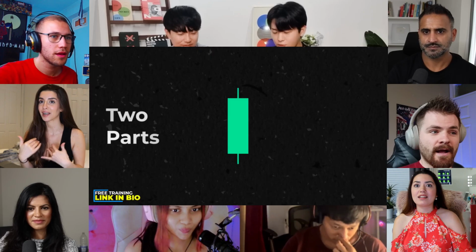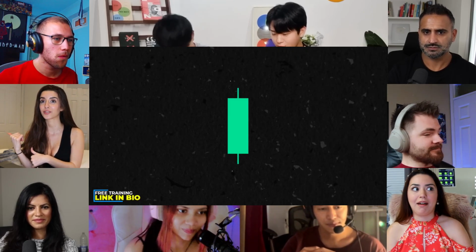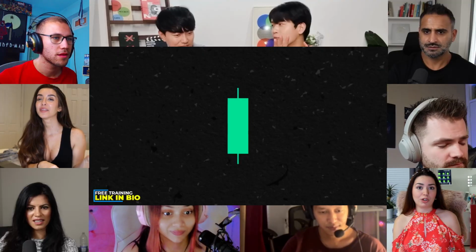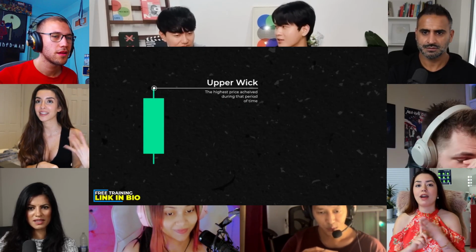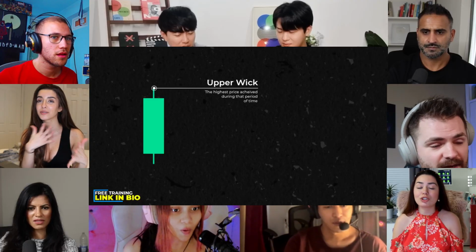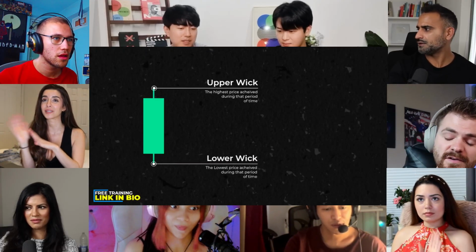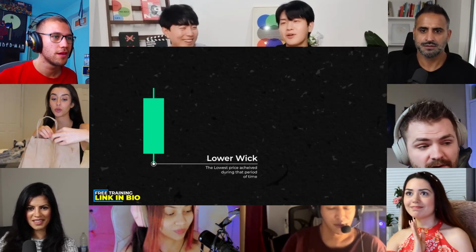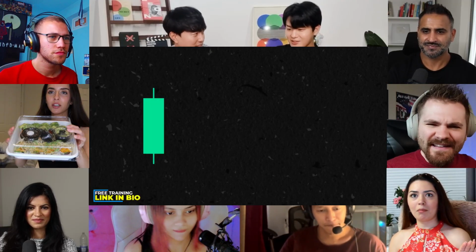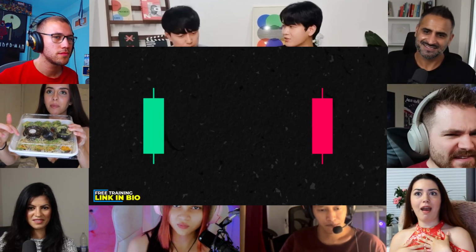A candlestick consists of 2 parts, the wicks, or shadows, and the body. The end of the upper wick shows us the highest price achieved during that time. Similarly, the end of the lower wick shows us the lowest price achieved during that period. When it comes to the candle body, things start to differ.